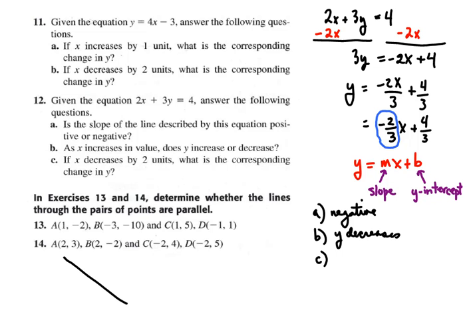As x goes to the left, rather, x decreases, then y is going to go up. y is going to increase. So with a negative slope, when x decreases, y increases. When x moves to the left, y goes up. And for every 1 unit x moves to the left, y is going to go up by 2/3. So for 2 units change, y will go up by 4/3.